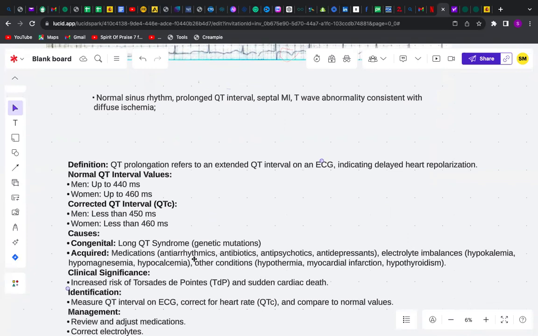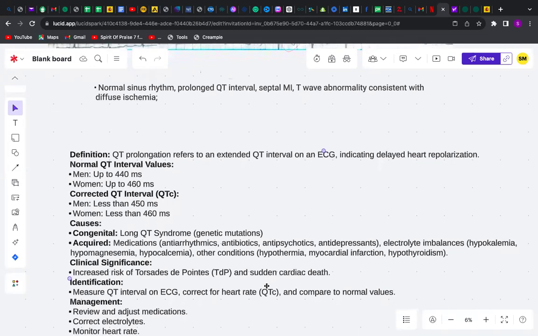So the patient gets the torsades, and then could finally enter into VFib, and then sudden cardiac death would ensue.